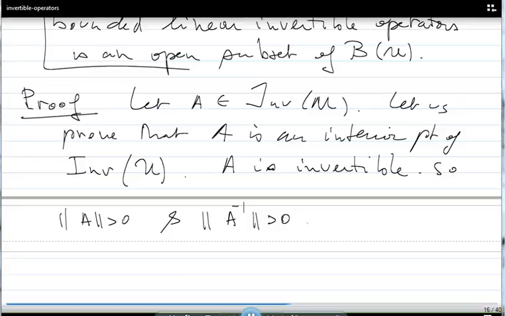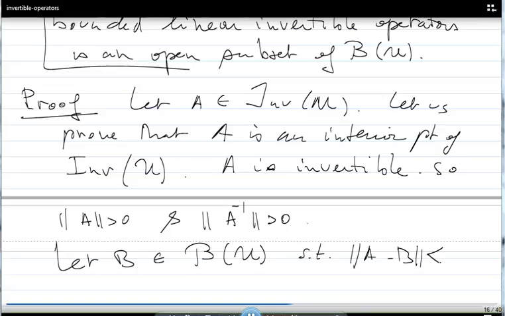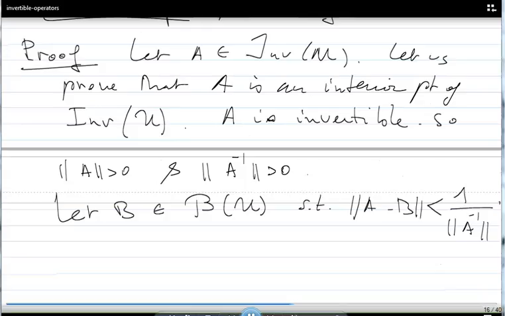And let B in B(U) such that the norm of A minus B is less than 1 over the norm of A inverse.